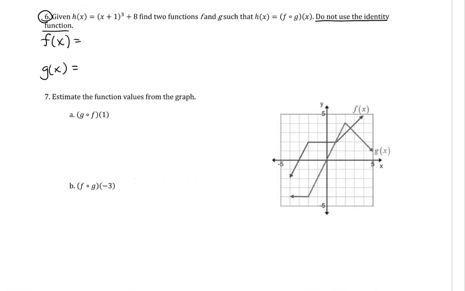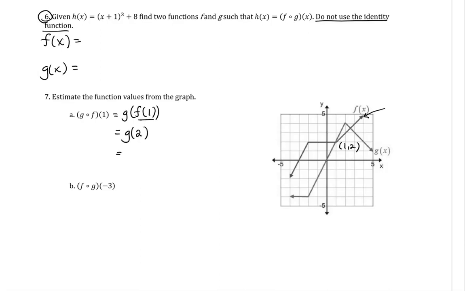In the last example, we're going to use this graph to evaluate these expressions here. Keep in mind that g composed of f of 1 is the same thing as g of f of 1. So we need to take 1 and plug 1 into f. This function right here is f, so we can see that when we plug 1 into f, we get out 2 because the point 1, 2 is on that graph, and so f of 1 is equal to 2.